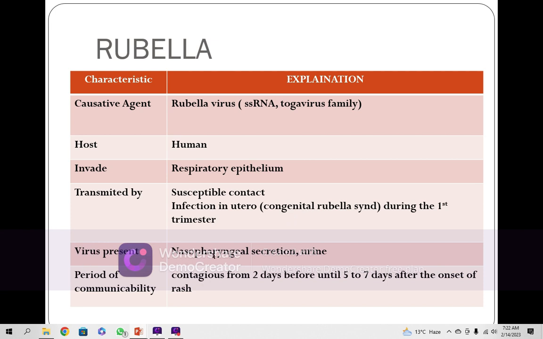The virus is present in the nasopharyngeal secretion and urine, and the period of communicability is from 2 days before the rash until 5 to 7 days after the onset of rash. After rash, 7 days. The total is about 10 to 14 days.